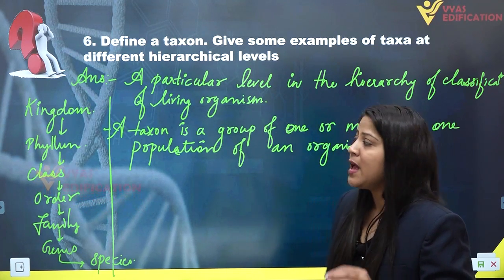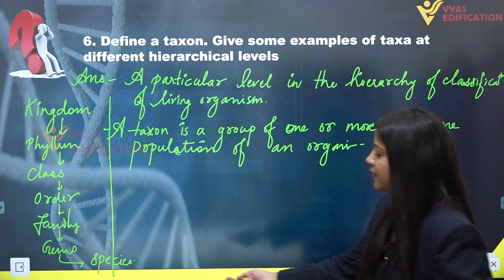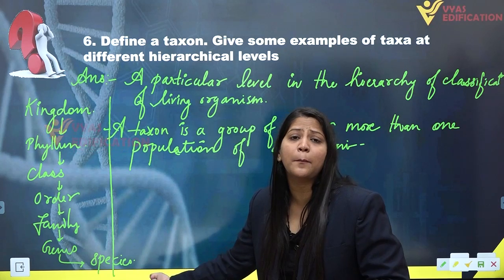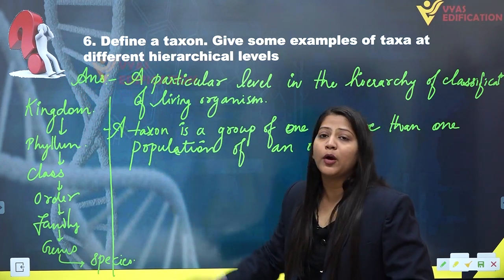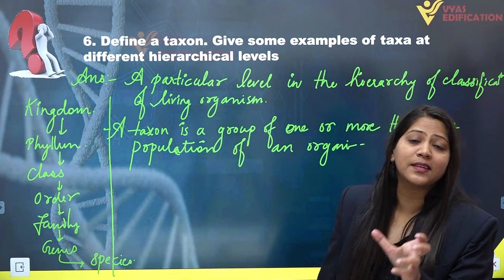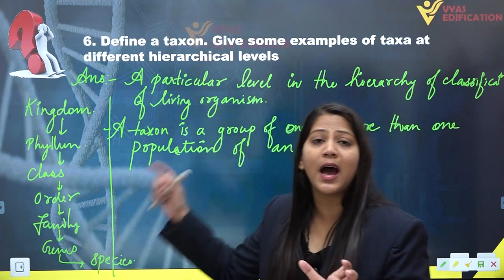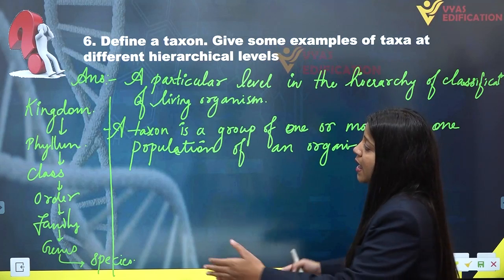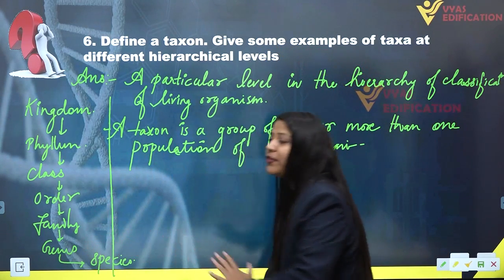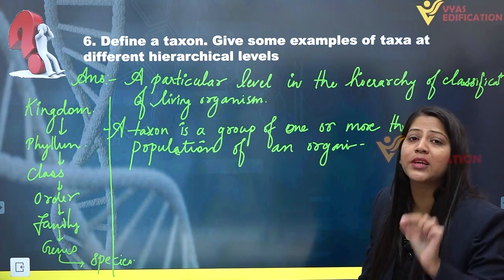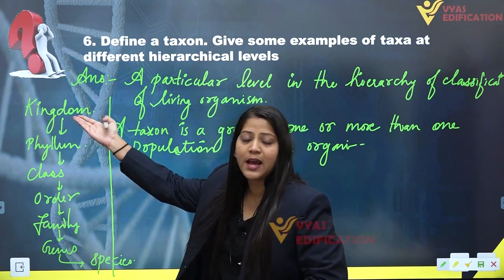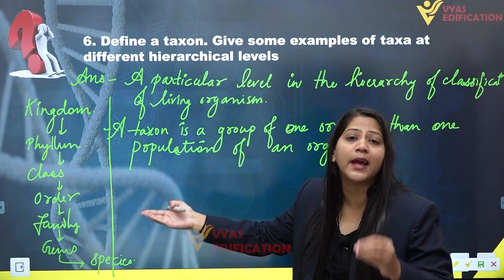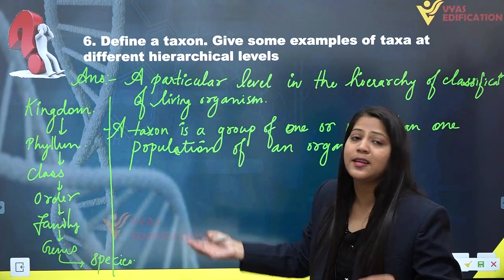If we talk about the species, it is the basic unit, the base of the hierarchy of classification. And if we talk about the kingdom, it is the highest category in the hierarchy of classification. In this hierarchy, each category or group actually represents a taxon at that level.